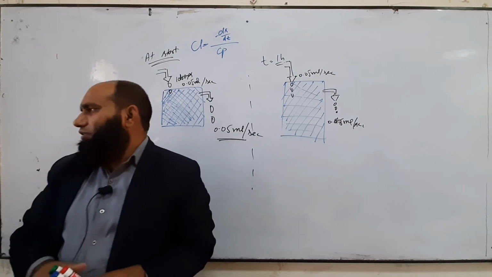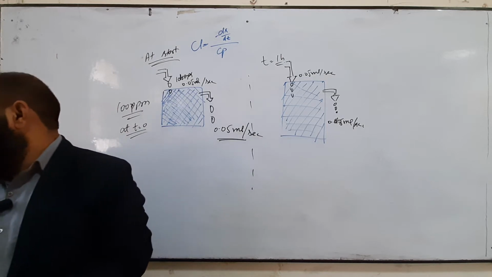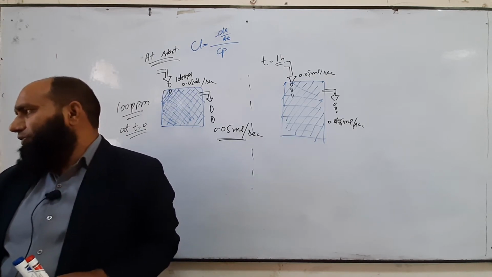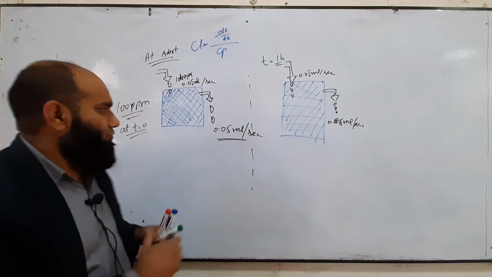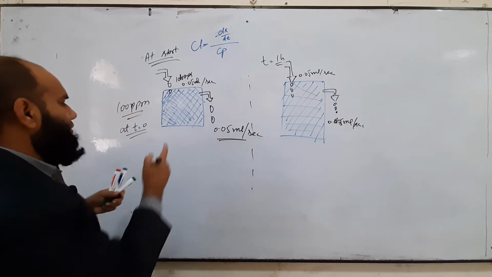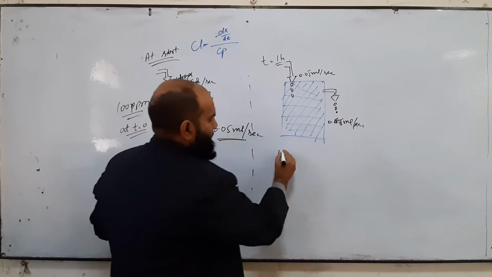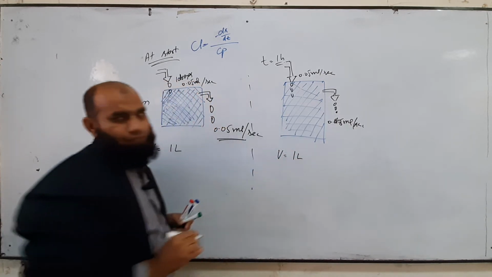At time t1, the tank is full and contains a volume V of 1 liter of drug solution at concentration Cp1. What are the common things? Volume is 1 liter. Here also the volume is 1 liter.